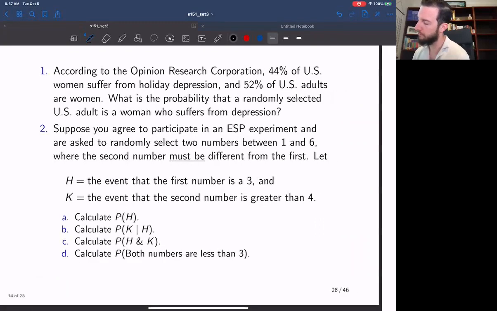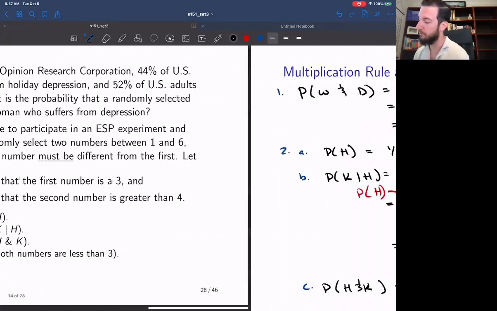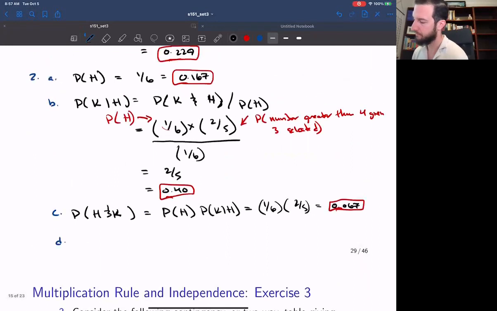Okay, so part D says the probability both numbers are less than 3.